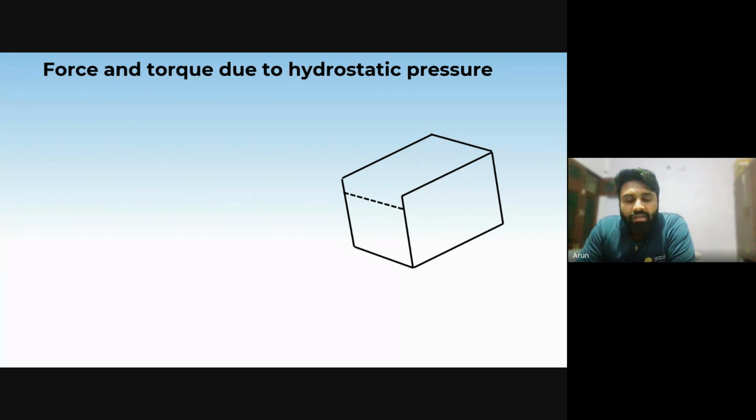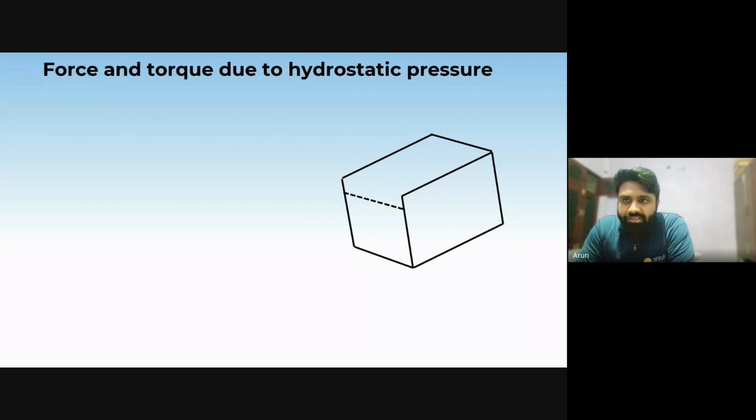So why do we need to calculate force and torque due to hydrostatic pressure? Because in practical life, we store water behind the wall of a dam, and we call it a water reservoir, which is protected by a vertical wall called a dam.